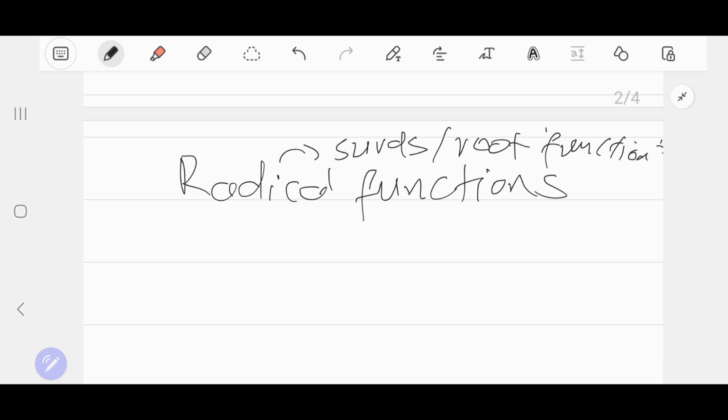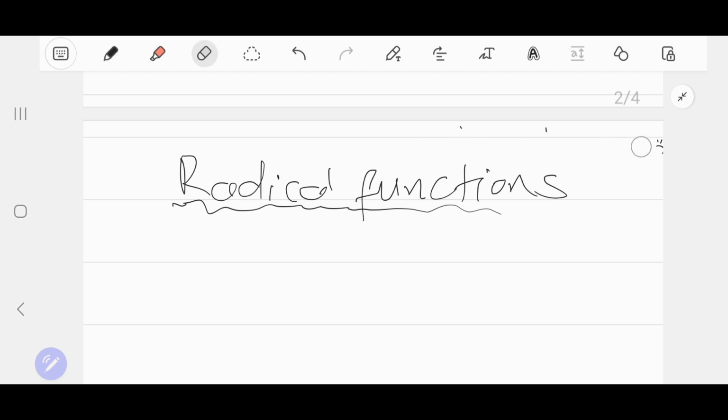A radical function is a function that has what, people? The square root. They are polynomials that are placed under a square root, people.